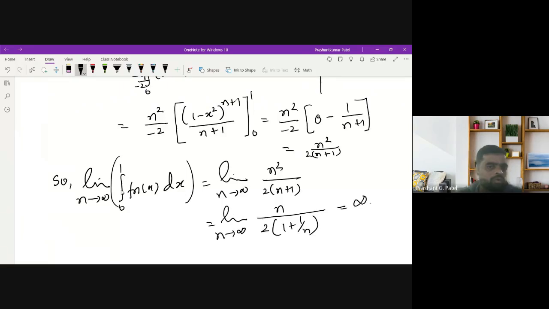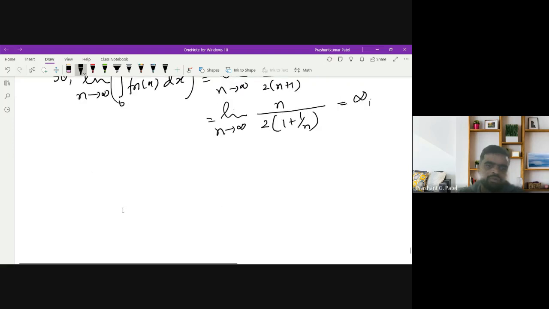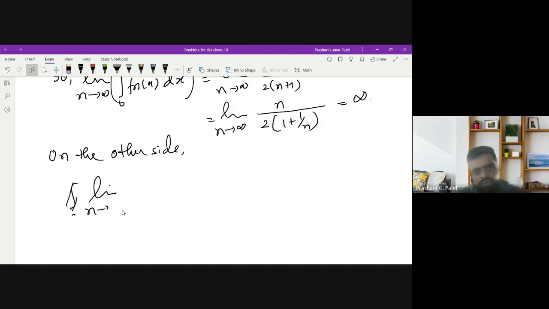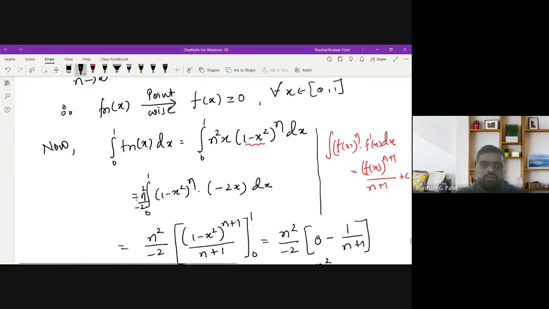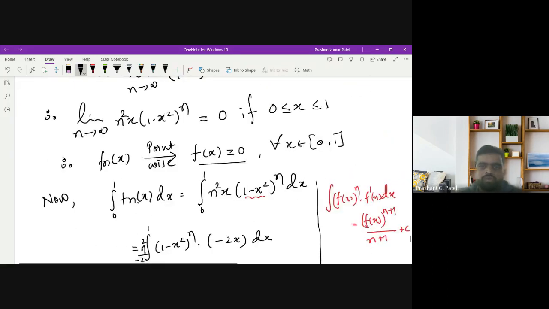What about the other side? On the other side, we already have the limit of n tends to infinity of fn of x, integrated from 0 to 1. The limit of the function which we already calculated is the 0 function.